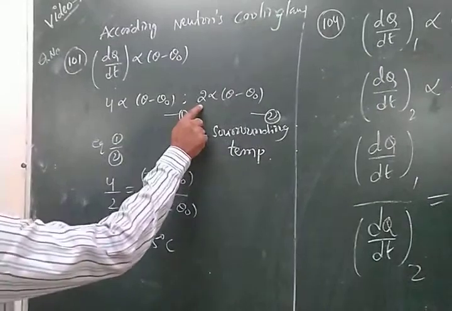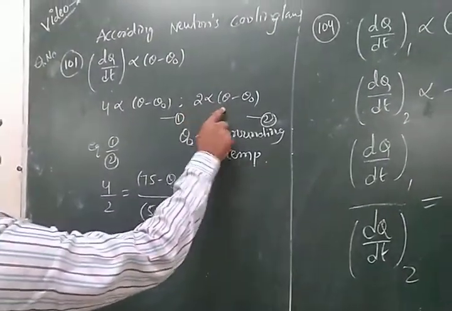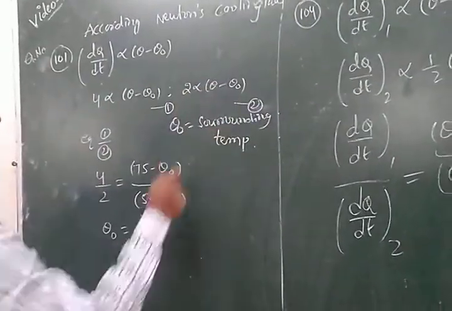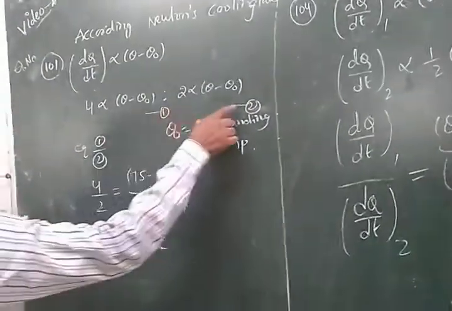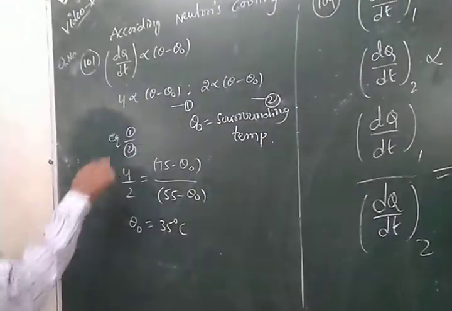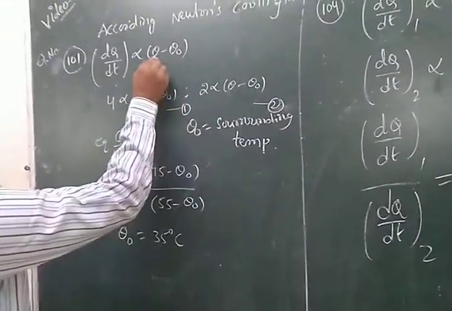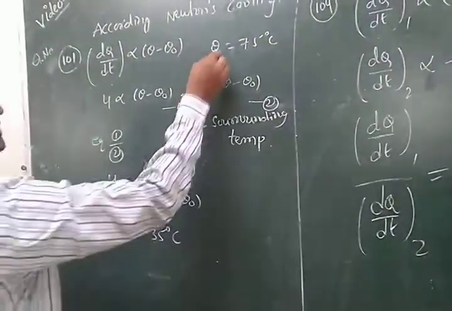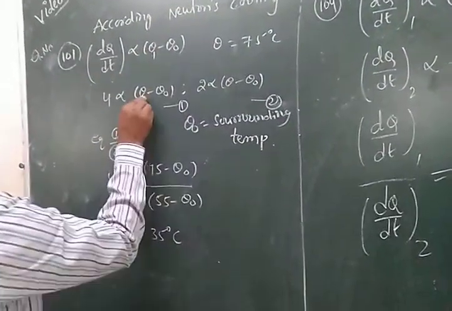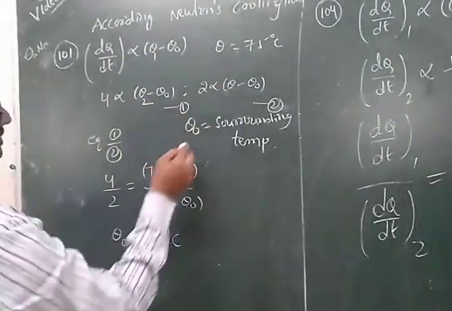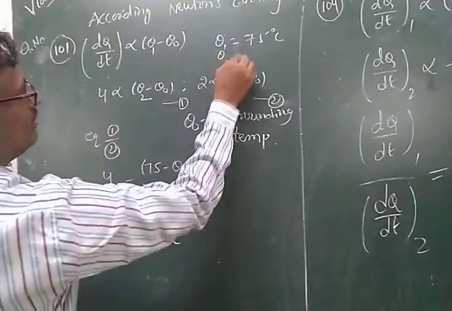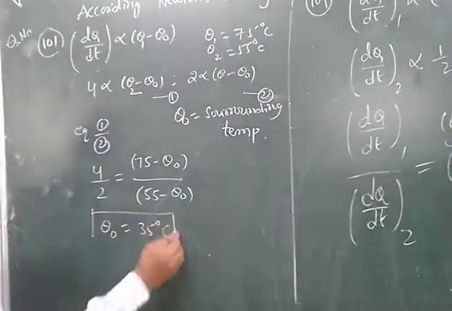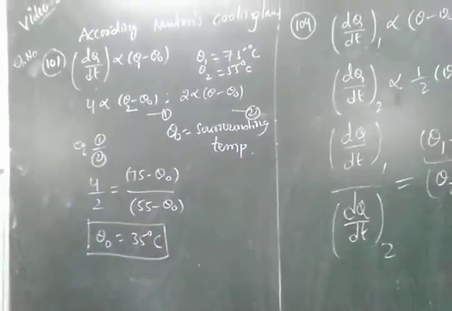The second one, 2 degrees of cooling, is also directly proportional to the temperature difference. Dividing equation 1 by equation 2, 4 divided by 2 equals the ratio of the temperature differences, with theta 1 equal to 75 degrees centigrade and theta 2 equal to 55 degrees centigrade. Substituting, we get the surrounding temperature as 35 degrees centigrade.